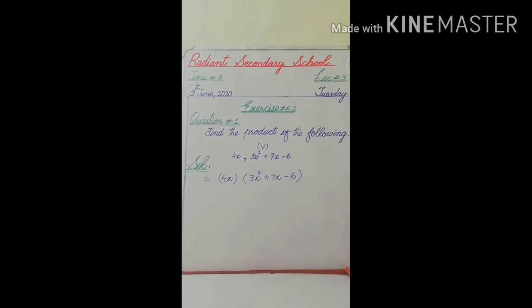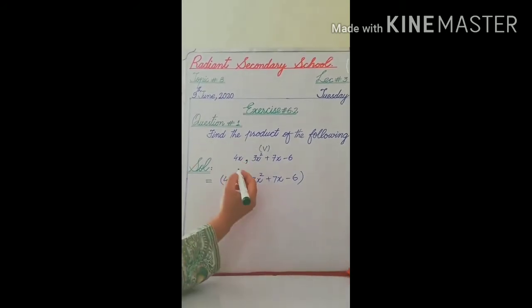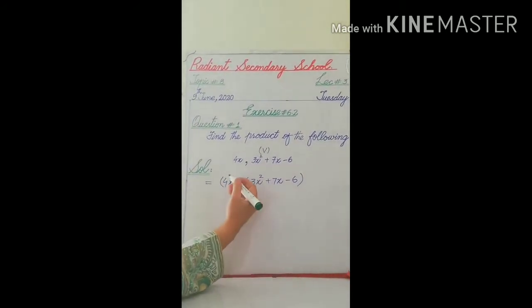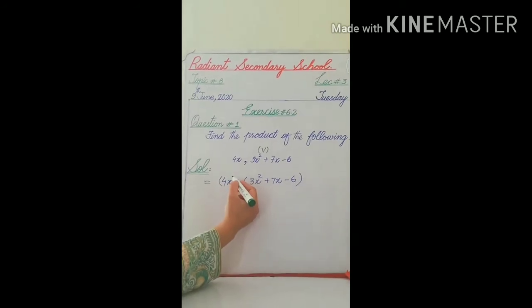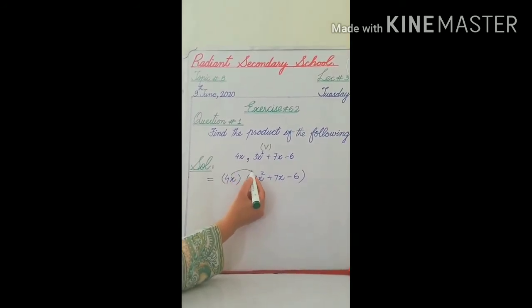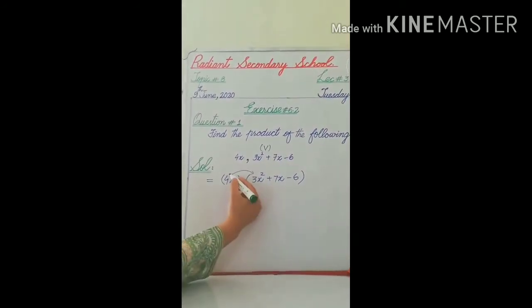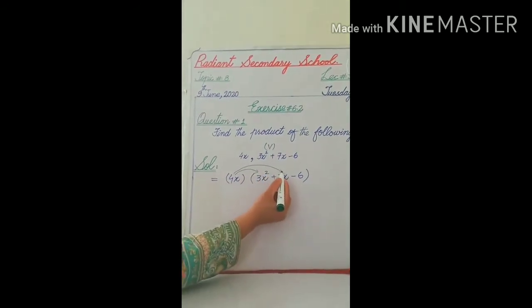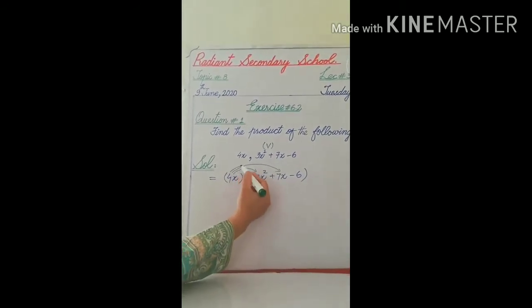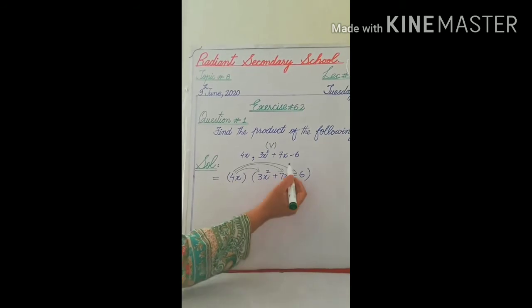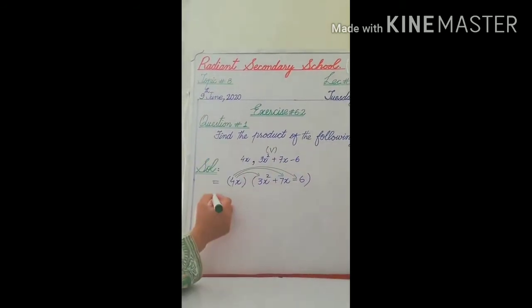Okay, now I put some arrows, so it will be very easy for you to understand. 4x multiplied with this 3x square, again 4x multiplied with this 7x, and then 4x multiplied with this 6.